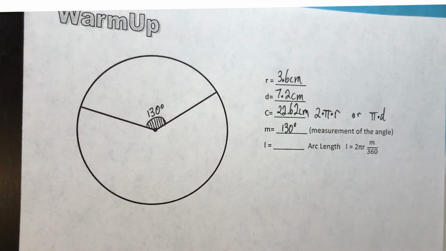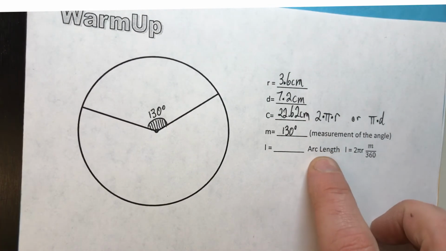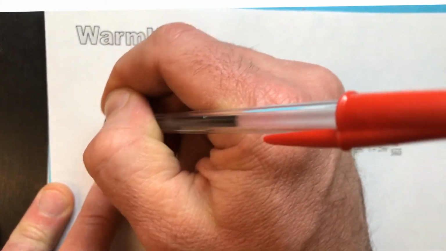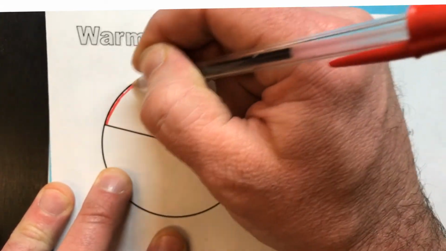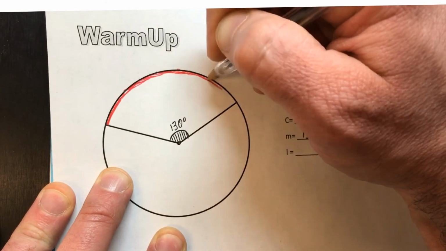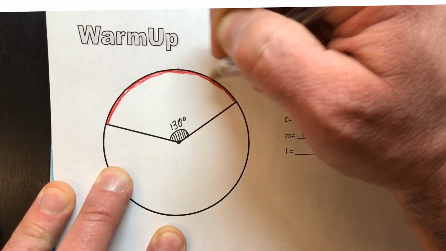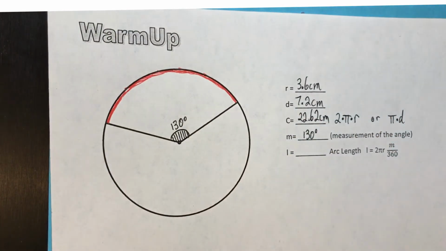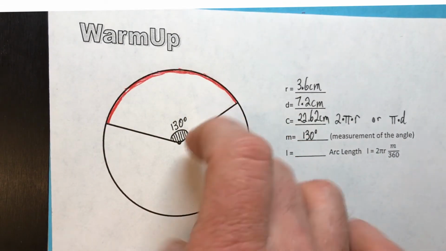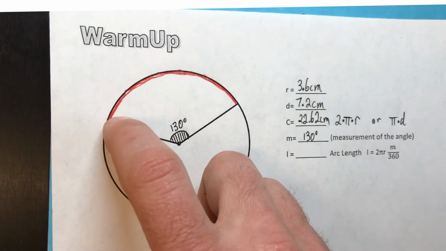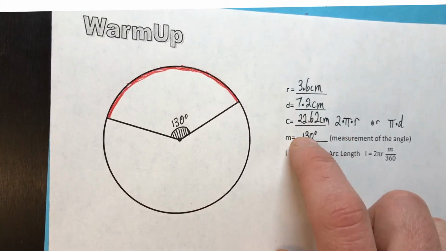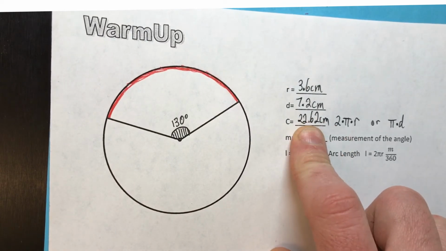I need that because for the last thing here, I want to find the arc length. What that means is I want to know from here around to here, going along the outside of the circle, how long that would be. After I figure this out, is the length of this red going to be more or less than 22.6?